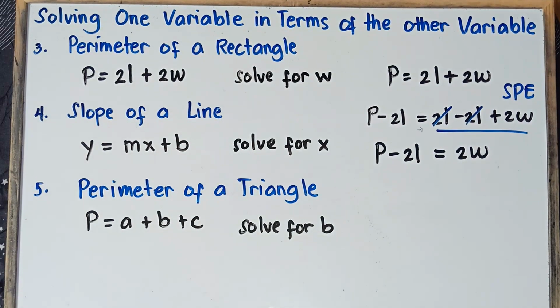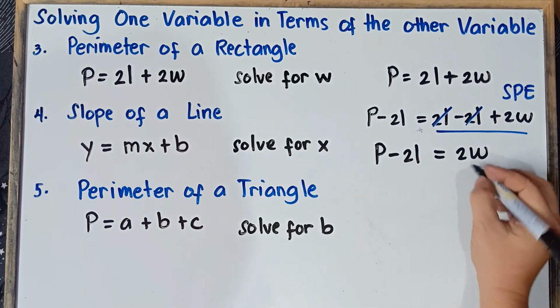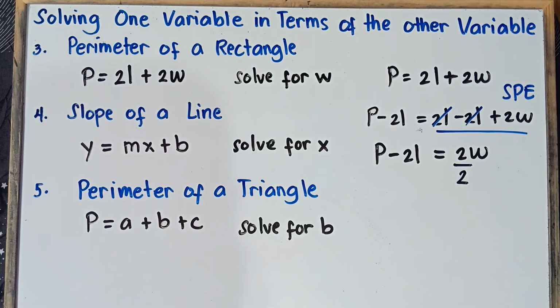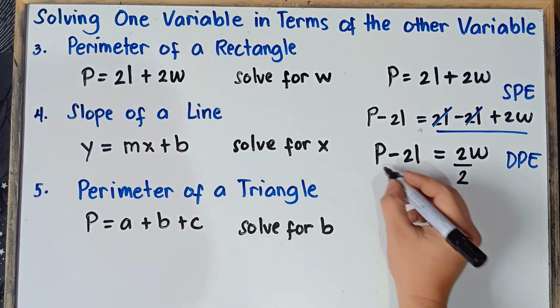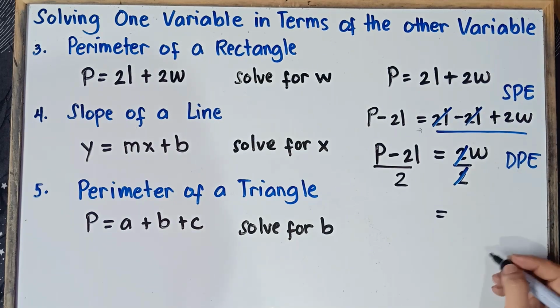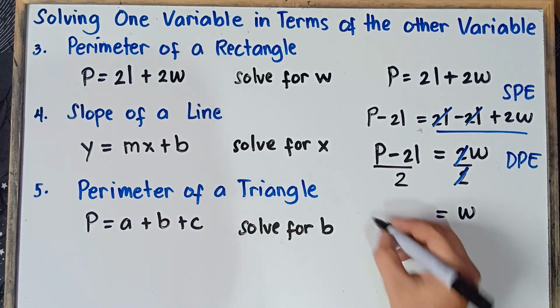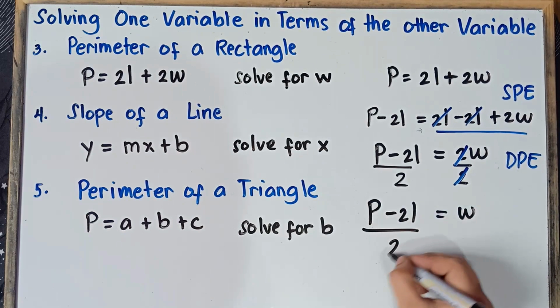Alright, and then last step, class, to get the value of W, we can just simply divide both sides by 2. We can apply the division property of equality. Dividing both sides by 2, we can simply cancel this out. And the remaining expression will be only W. So W would be P, perimeter, minus 2L over 2.